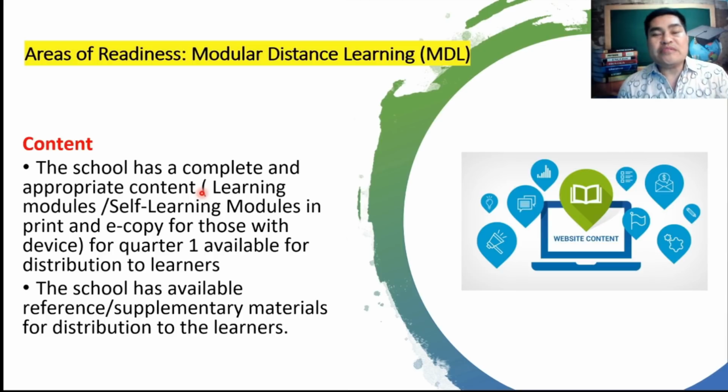And I know also some of you have resorted to using modules created by another teacher wherein they collaborate with one another. That's also good. And another way to do it is you create your own teacher-made modules. And also, your school should have available references, supplementary materials for the distribution for learners. So that's about content.